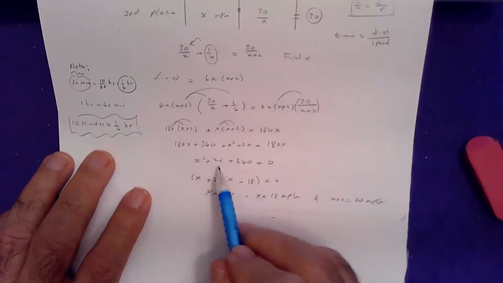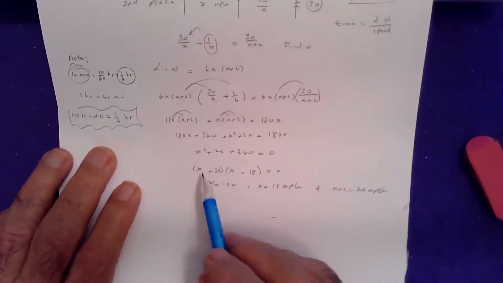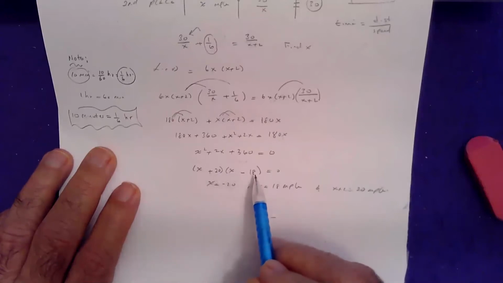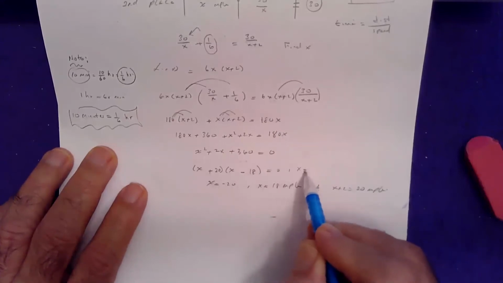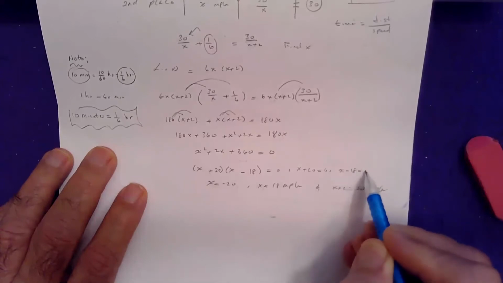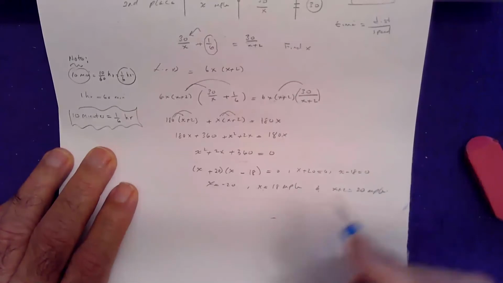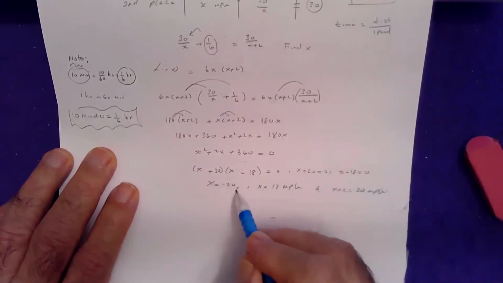If you factor x squared plus 2x minus 360, that ends up being equal to x plus 20 times x minus 18. You set each of these equal to 0 and solve for x, just like what we did in section 5.8. This one gives you x equals negative 20 miles per hour.